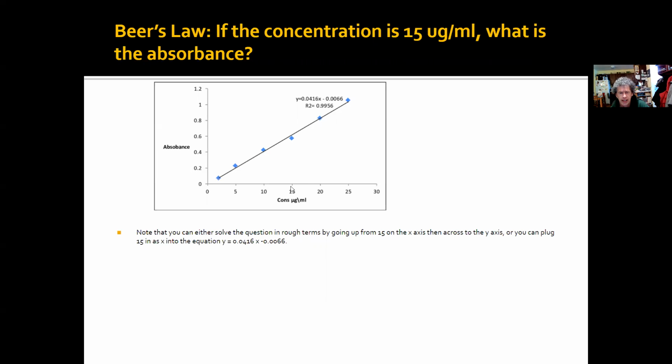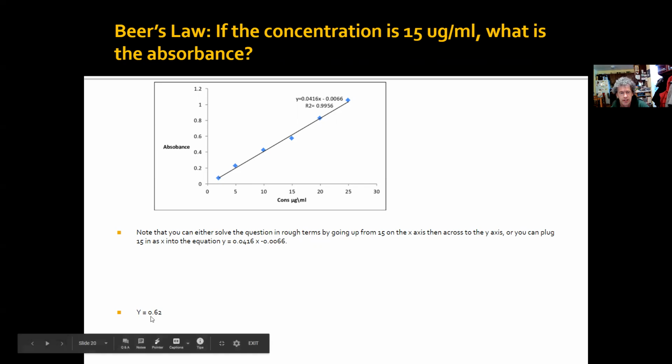Or you could plug in your 15 micrograms per milliliter into x, and then you'd have 0.0416 times 15 would give you a number, then minus 0.0066, and that would then give you y, which would be the absorbance. And in this case, it's 0.62.